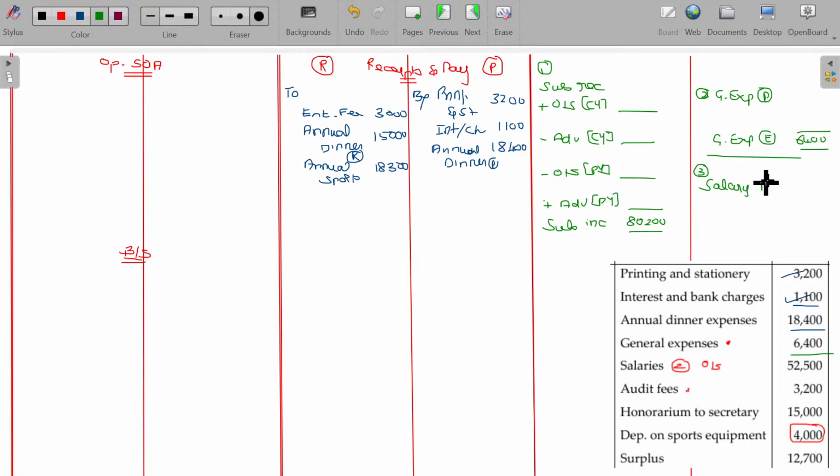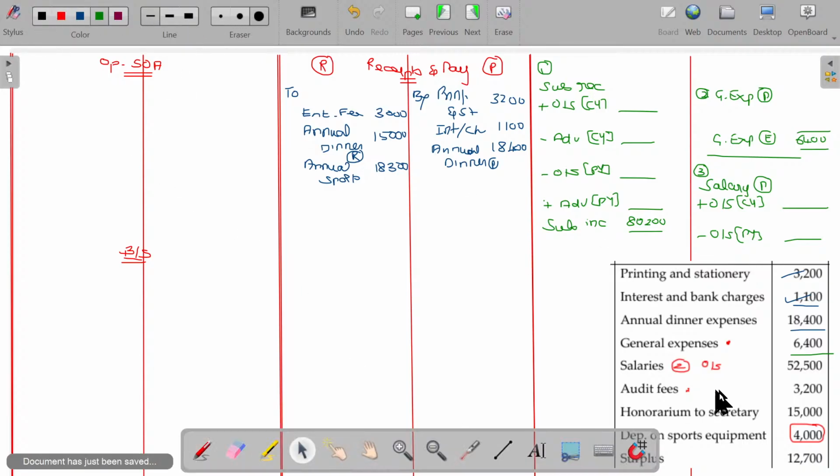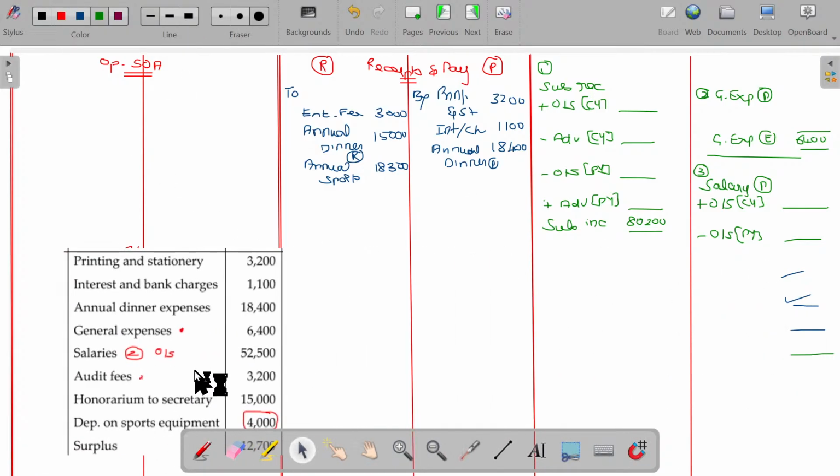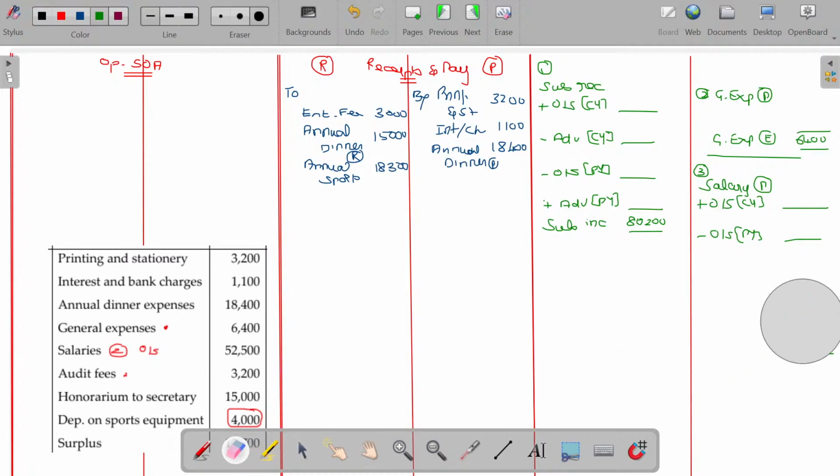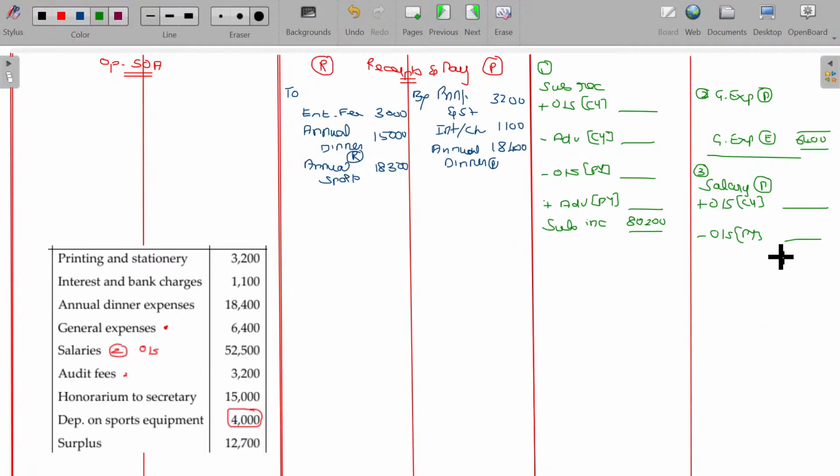Salary paid, add outstanding of the current year, minus outstanding of the previous year. The ultimate value being salaries expenses. Now the salary is 52,500 here. It's nothing but expenses, should be posted here, 52,500.